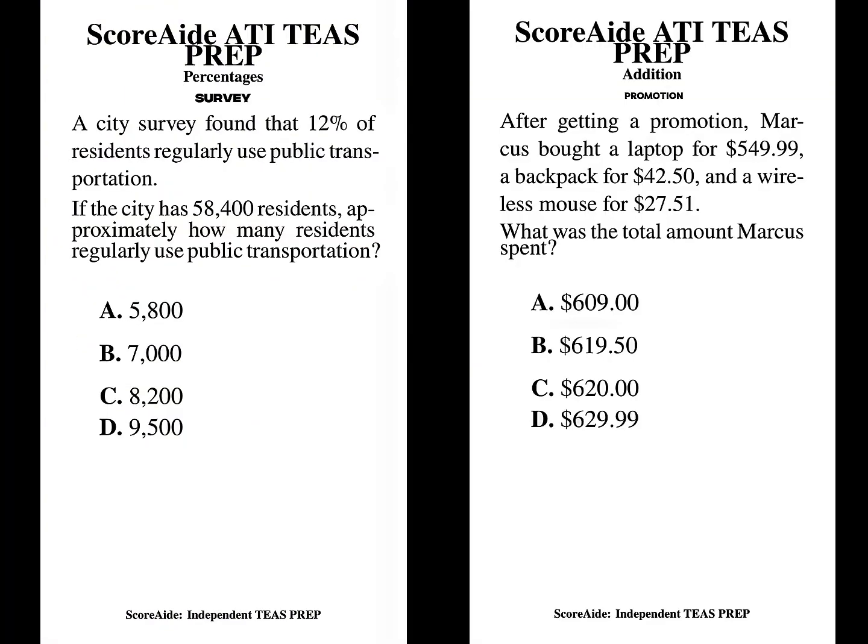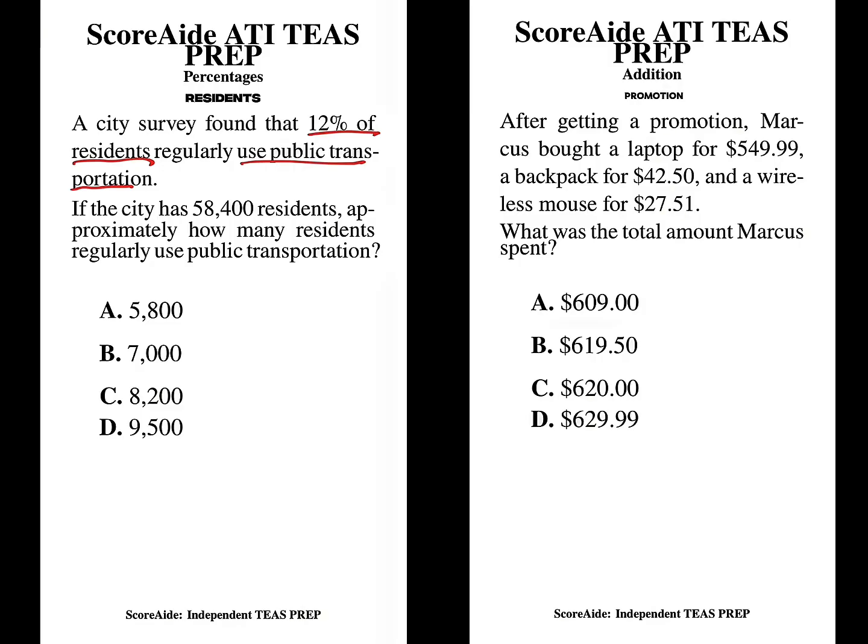A city survey found that 12% of residents regularly use public transportation. If the city has 58,400 residents, approximately how many residents regularly use public transportation? If you read this clearly, you will notice that they said 12% of the residents use public transportation.